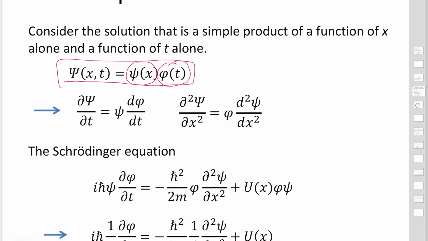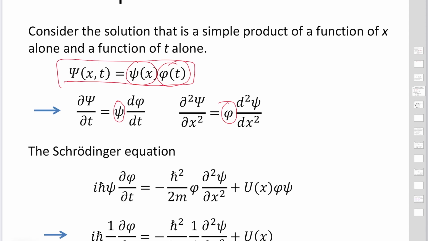If you consider the partial derivative with respect to t, psi can be placed outside of the derivative, because lower case psi is a function of x. And for the second derivative, phi, a function of t, can be placed outside.